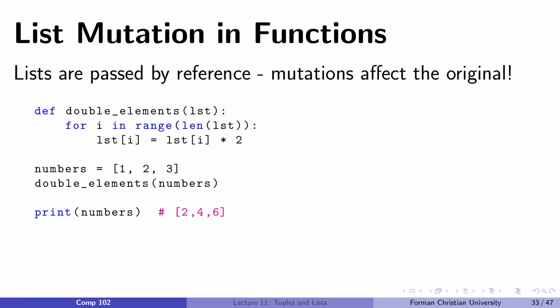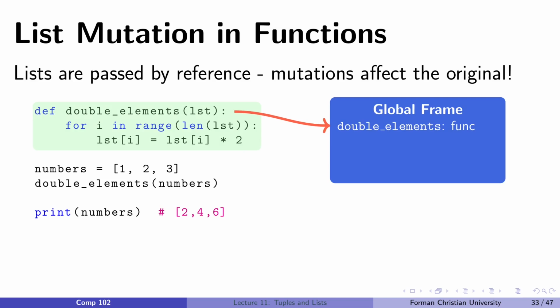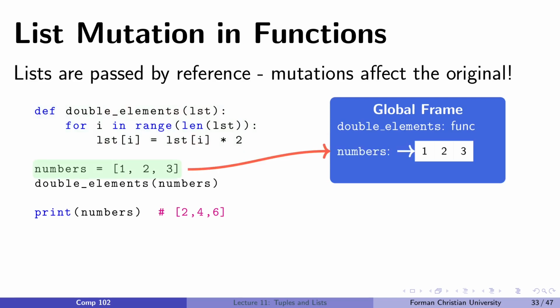We have double_elements as a function. It takes a list, and what it does is it just doubles every element in this list, and then it updates its previous position. Now what's happening here: first the function definition is stored in the global frame, and now numbers equals 1, 2, 3.